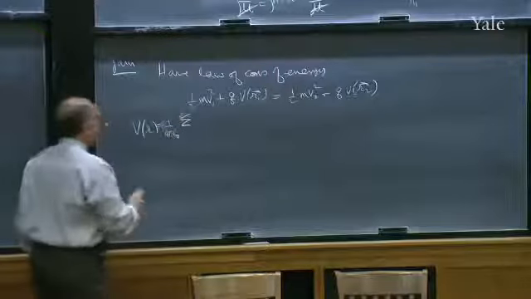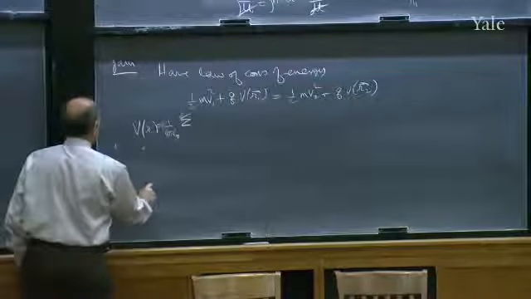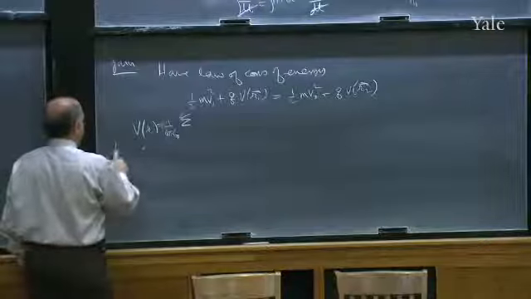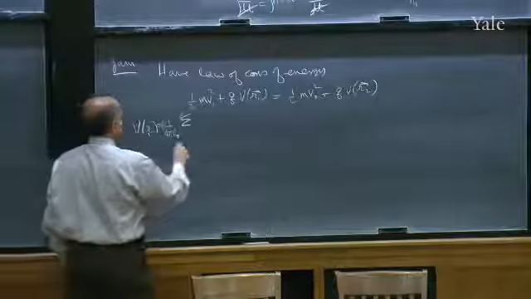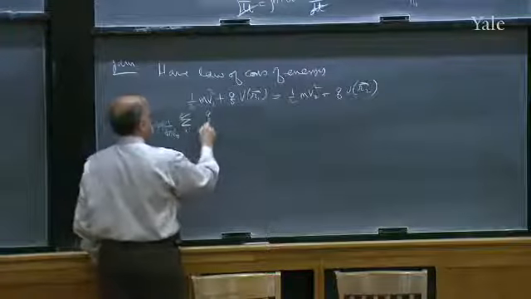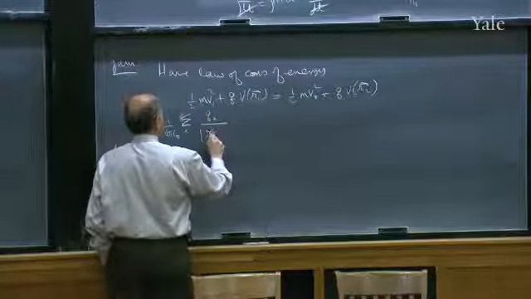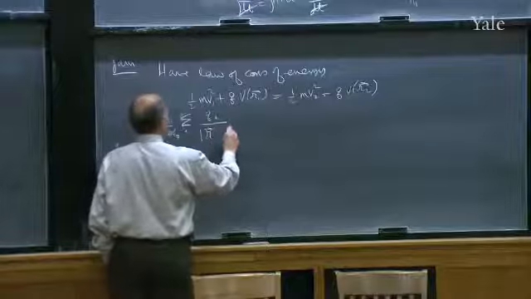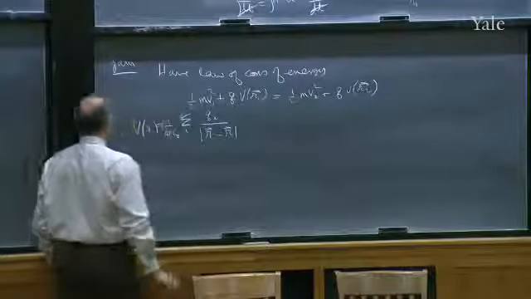Let's imagine there are many, many charges, Q1, Q2, Q3, each one at R1, R2, R3, etc. This is equal to Qi, which is charge number i, divided by the length of the vector from Ri to the R where I'm finding the potential.